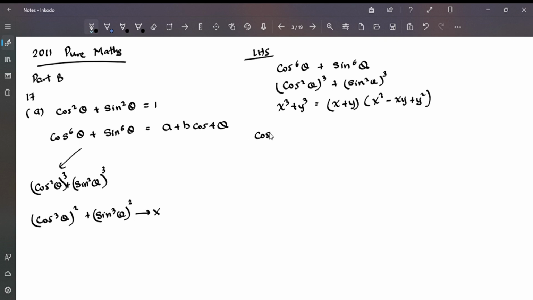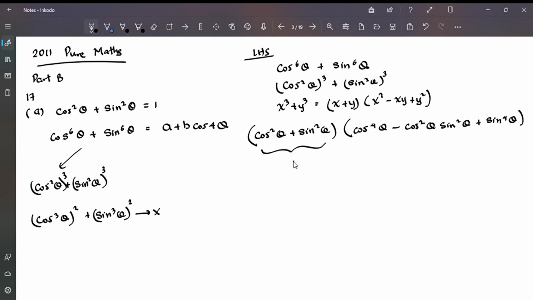That is like cos square theta plus sin square theta, times cos 4 theta minus cos square theta sin square theta plus sin to the power 4 theta. Now cos square theta plus sin square theta is equal to 1.